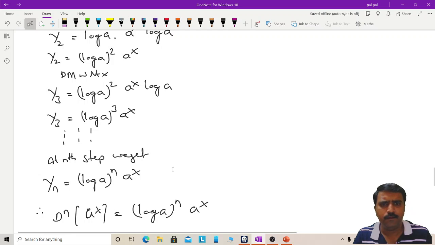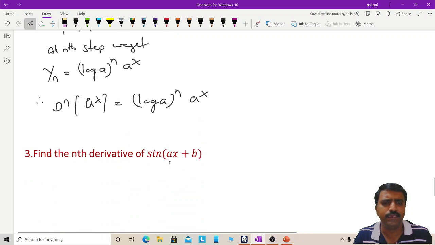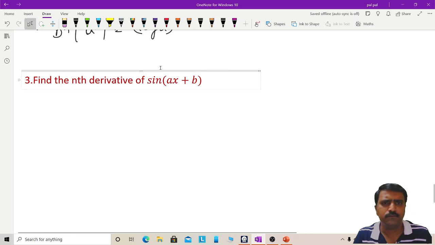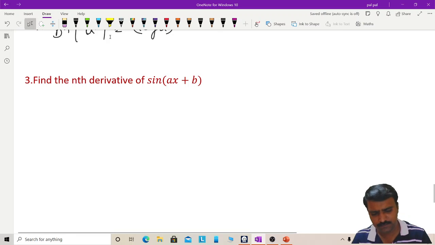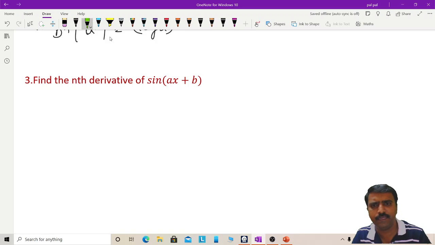Similarly, one more standard function is sine of ax plus b. To find the nth differentiation of sine ax plus b, you take this function sine ax plus b as y. Let y is equal to sine ax plus b.